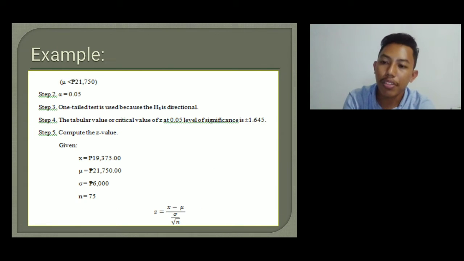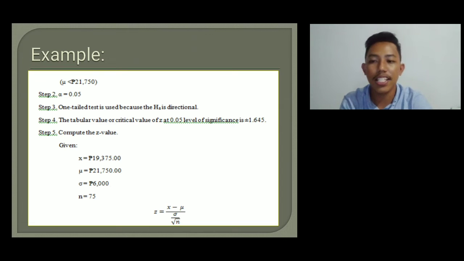Step 2. Our level of significance is 0.05. Step 3. We need to use a one-tailed test because our alternative hypothesis is directional. The next step is the tabular value or critical value of z at 0.05 level of significance, which is 1.645.